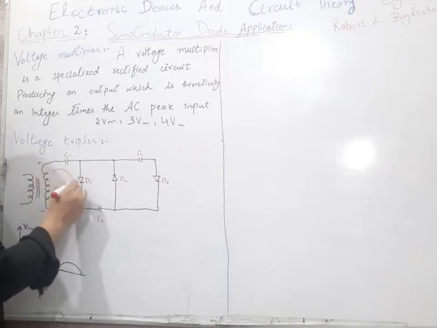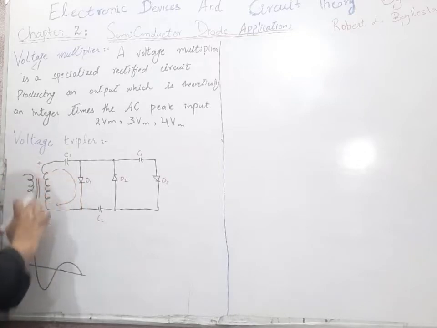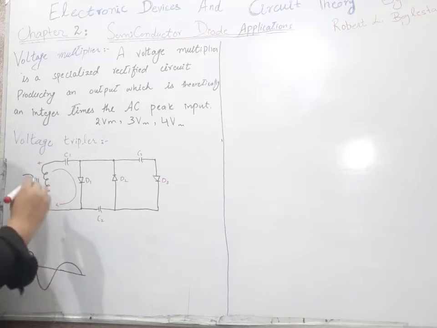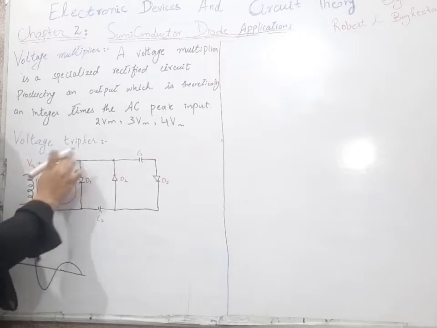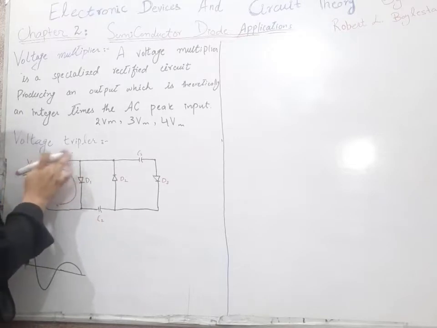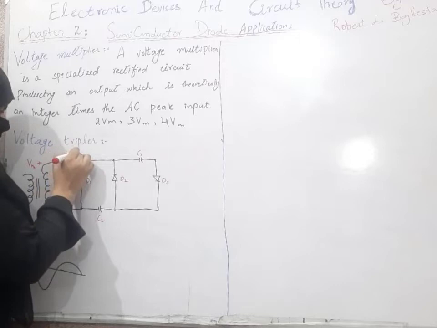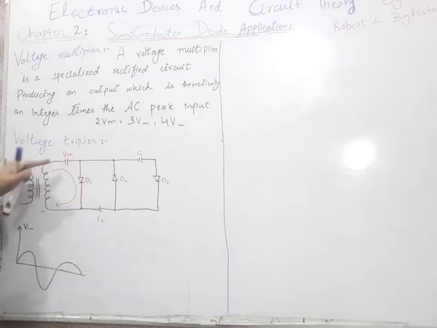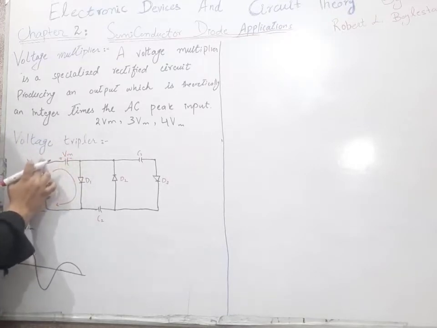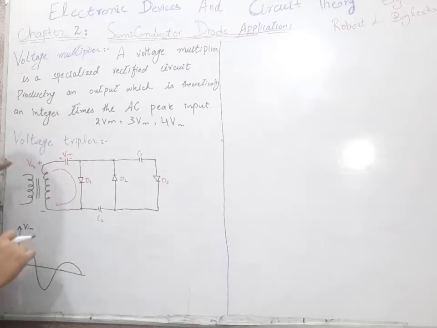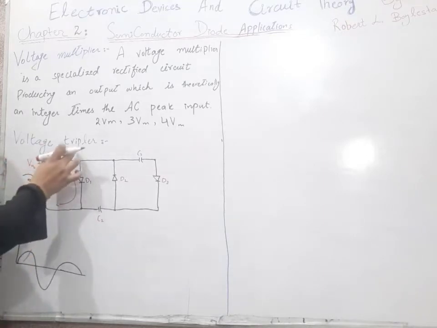So our current will start to flow in this direction, positive to negative, and our peak voltage is Vm. So our capacitor C1 will be charged to the level Vm, with positive here and negative here. So for this half cycle, our capacitor C1 is charged to the level Vm.